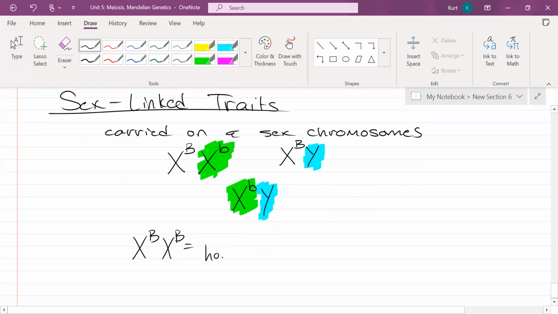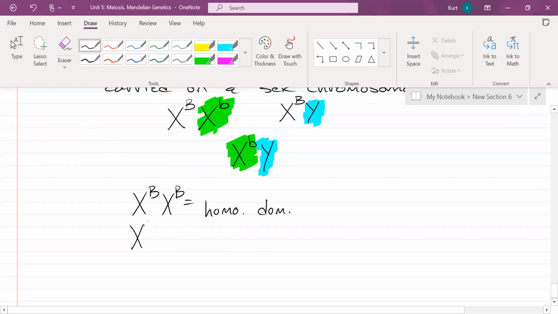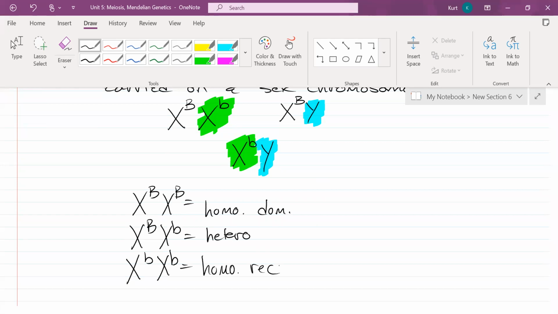This is homozygous dominant. This is heterozygous. This is homozygous recessive. The only way for a female to get a sex-linked trait is that her mother has to be a carrier and her father has to have the trait. Because all you girls in here, which chromosome did you inherit from your father?